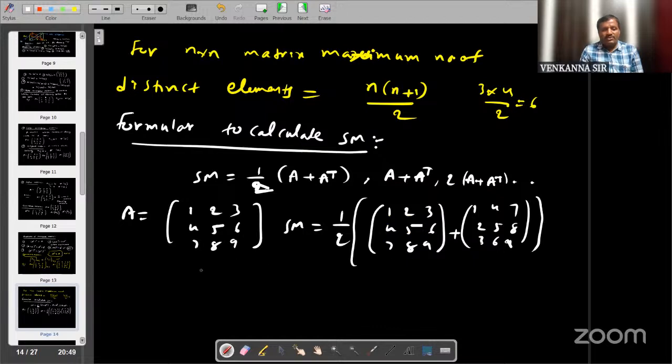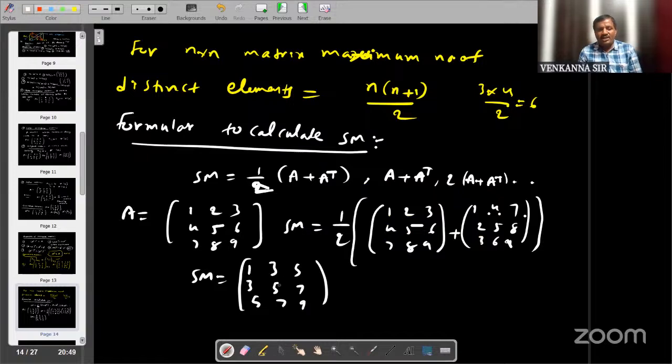The result: 1 plus 1 is 2 by 2 is 1; 2 plus 4 is 6 by 2 is 3; 3 plus 7 is 10 by 2 is 5. So the matrix is 1, 3, 5; 3, 5, 7; 5, 7, 9. After applying half of (A plus A transpose), the resultant matrix is a symmetric matrix.